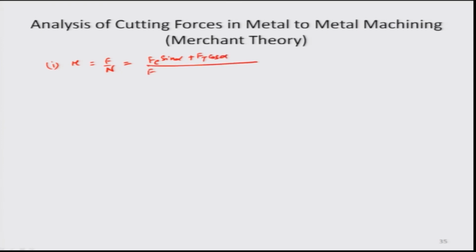And normal force can be expressed as Fc cos alpha minus Ft sine alpha. Because alpha is 0, this can be recorded as Ft by Fc, which equals 475 newtons by 950 newtons, which is equal to 0.5. So, that is the friction coefficient mu.